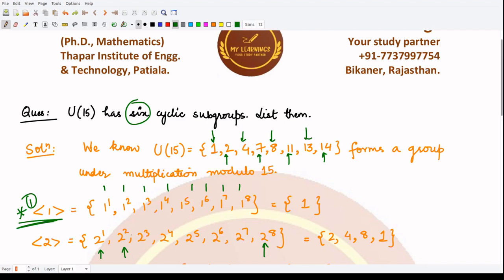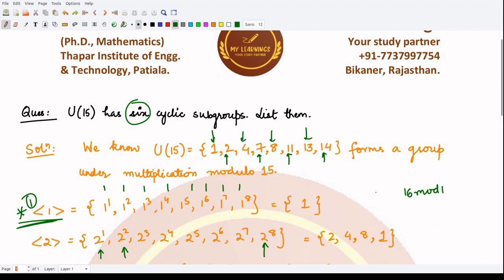When you take 2 power 2, take its mod 15, it is 4. 2 power 3 is 8. 8 mod 15 is what? It is again 8. Then 2 power 4 is 16. 16 mod 15 is equal to 1.